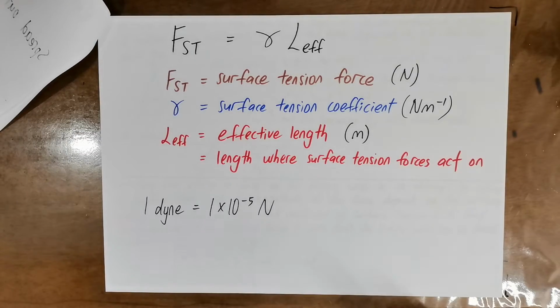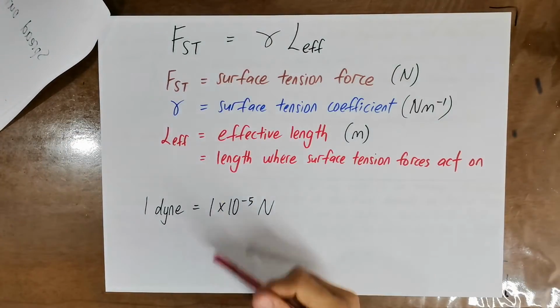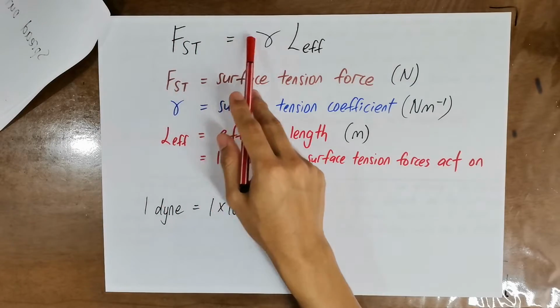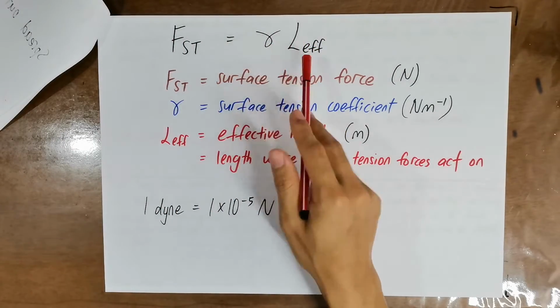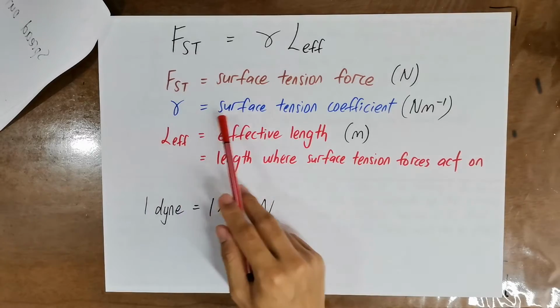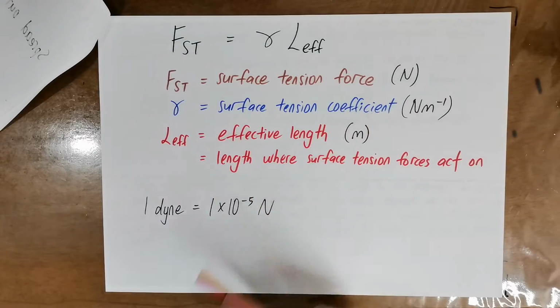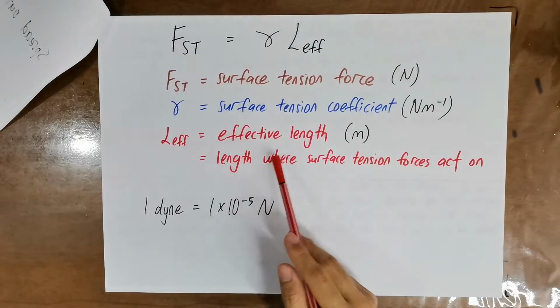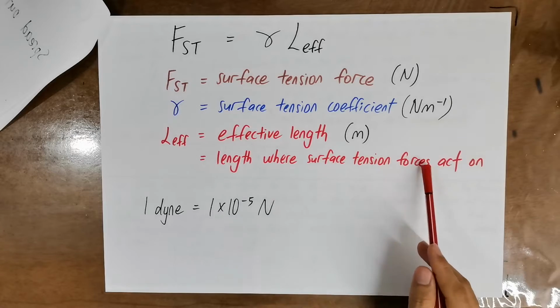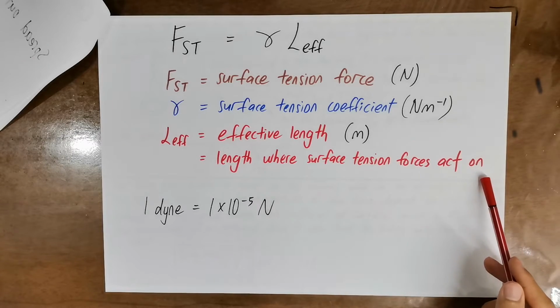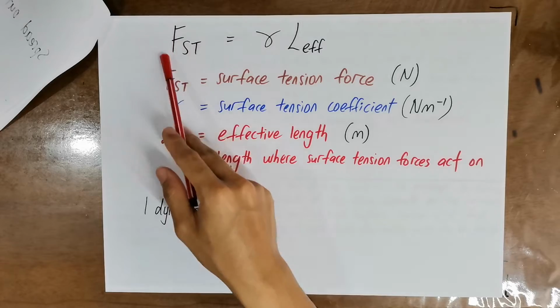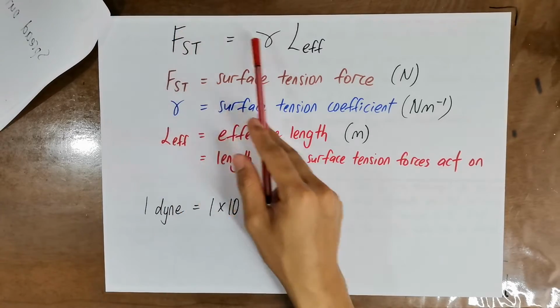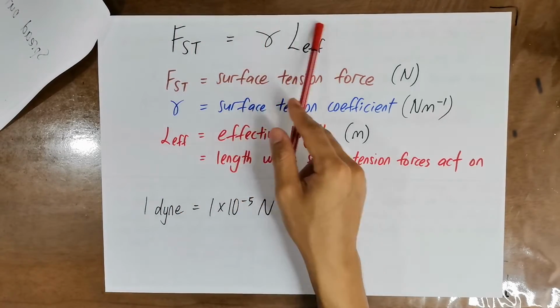So first of all, let's take a look at this equation. Surface tension force is equal to gamma times the effective length. The gamma is the surface tension coefficient. Effective length is the length where surface tension forces act. The unit of this is Newton, this is Newton per meter, this is meter.